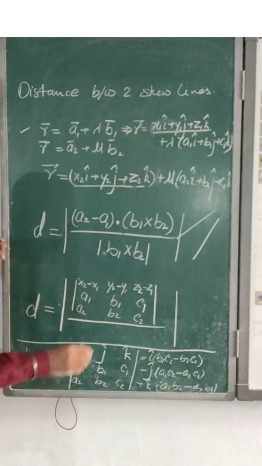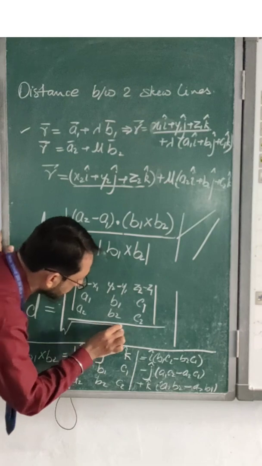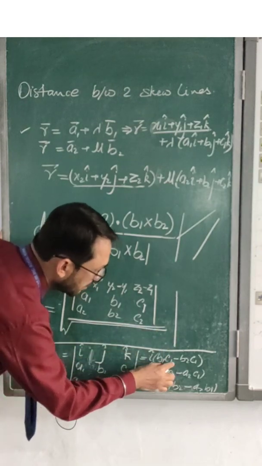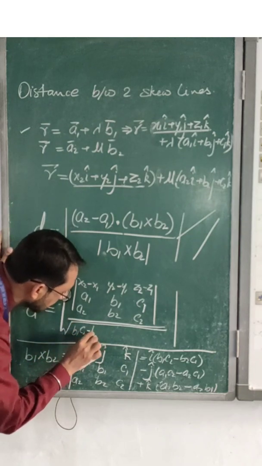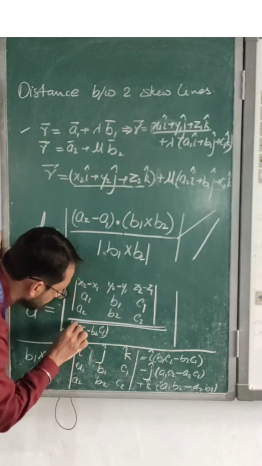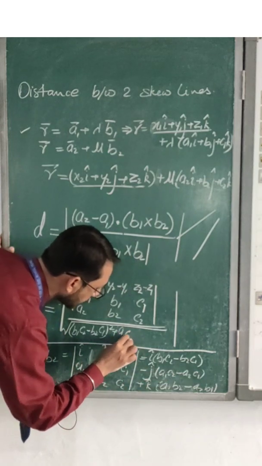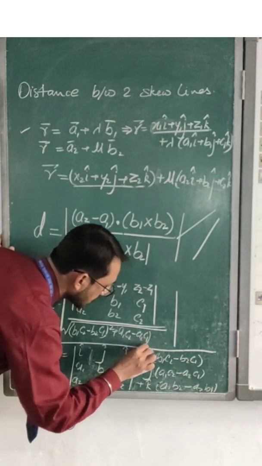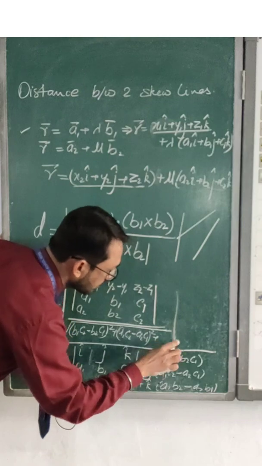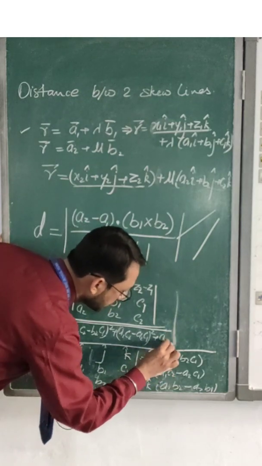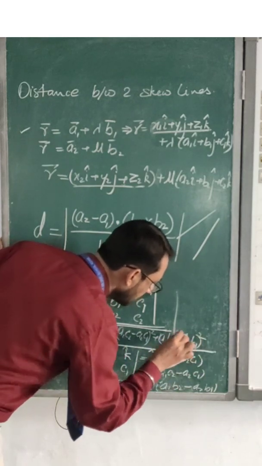We are calculating |b1 × b2|, so its magnitude will be the square root of (b1c2 − b2c1)² + (a1c2 − a2c1)² + (a1b2 − a2b1)².